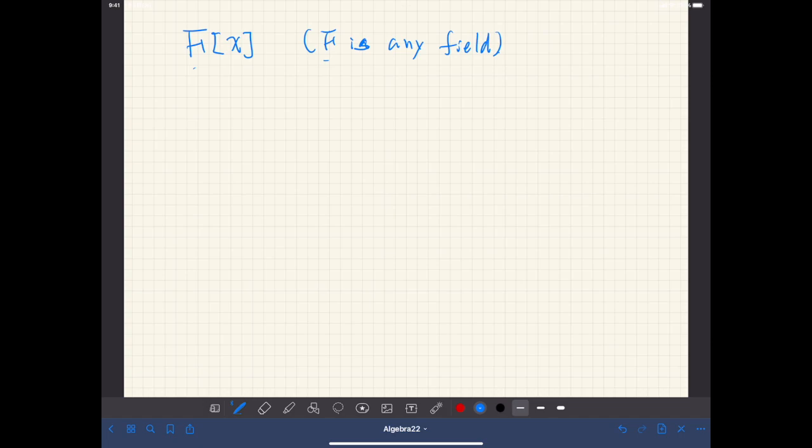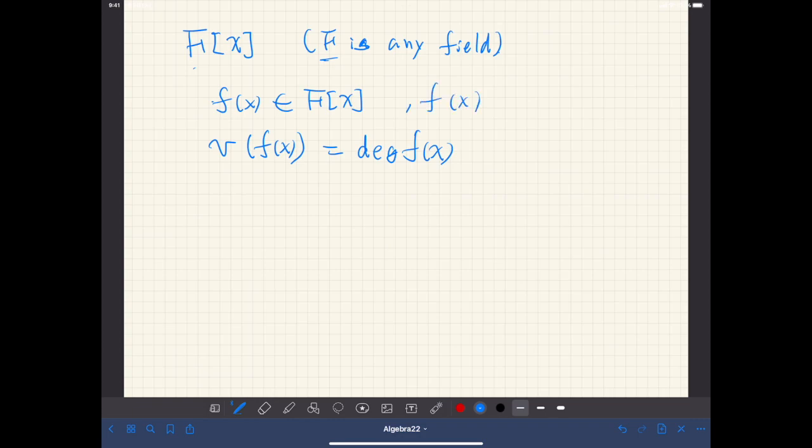So what is that mapping V? Suppose f of x is a polynomial with coefficients in F. Then we define the mapping V of f of x as the degree of the polynomial. And we assume, of course, this is not 0.